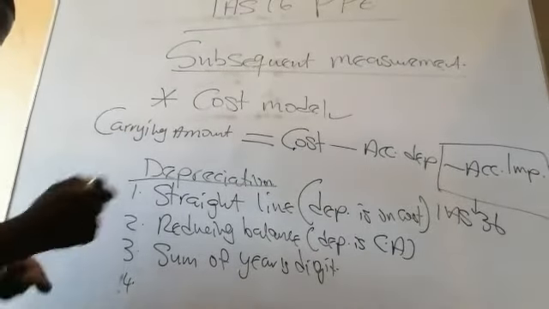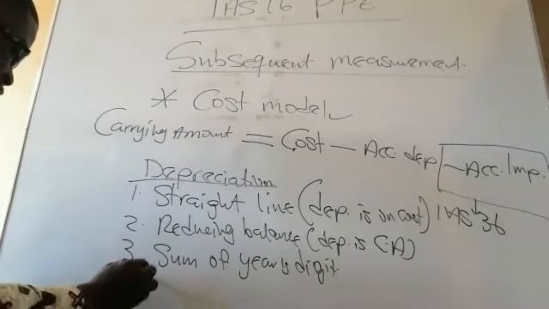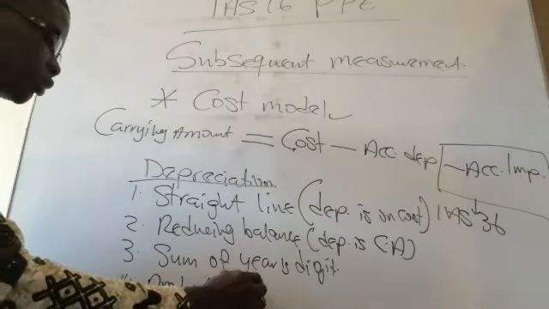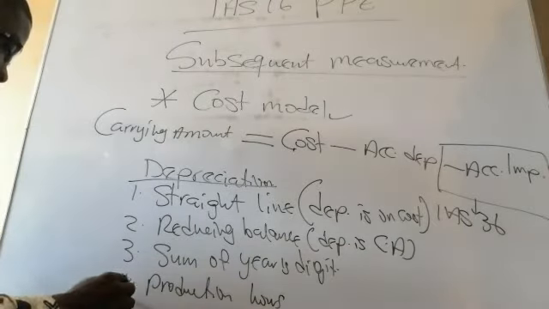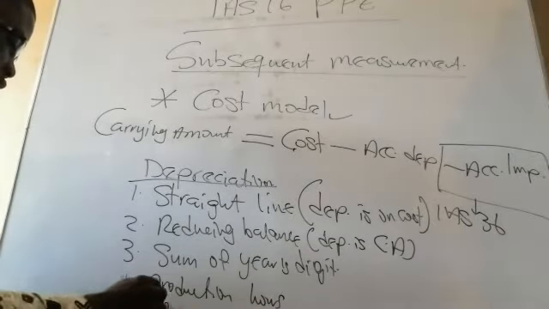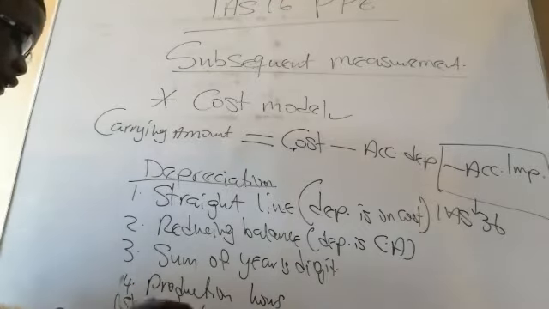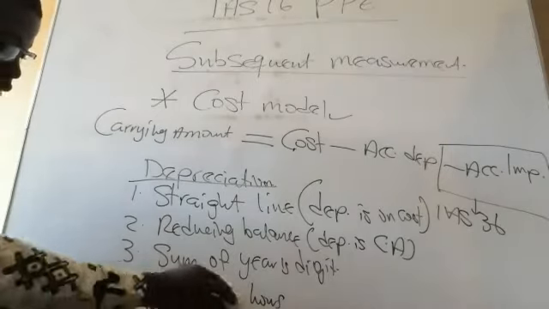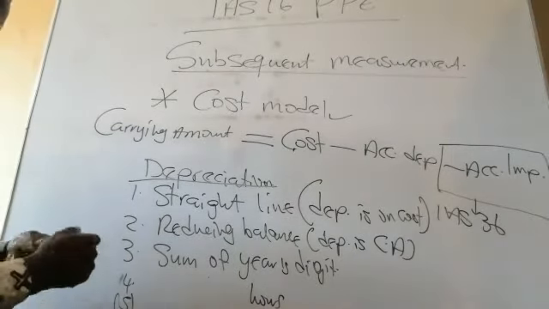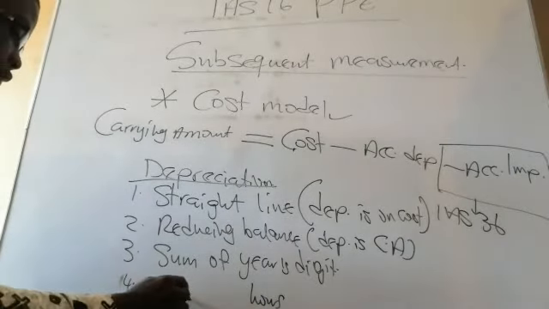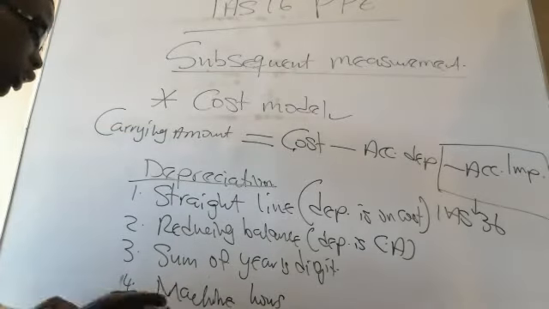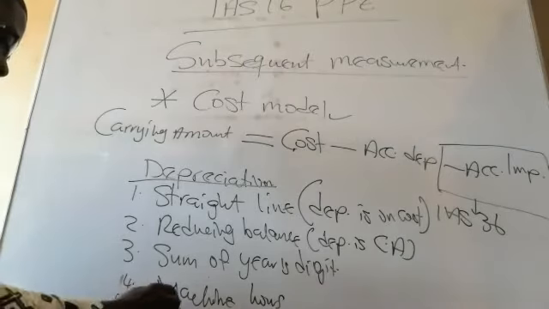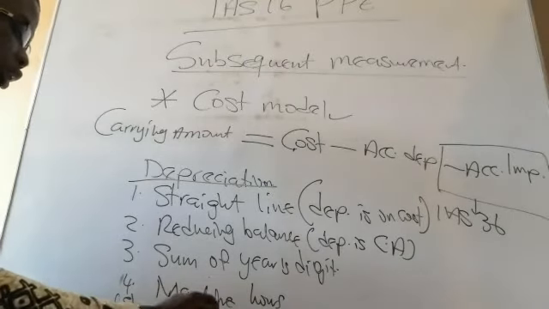For the fourth and the fifth, we have production hours and then the production unit. Or we can state it like machine hours. So machine hours and then the production units.